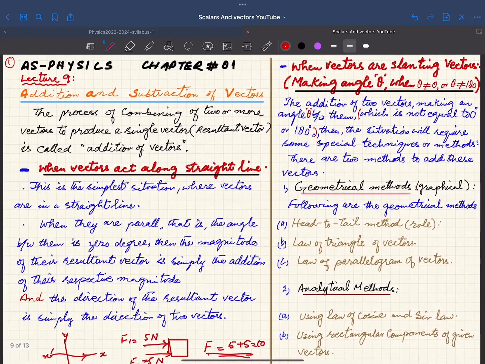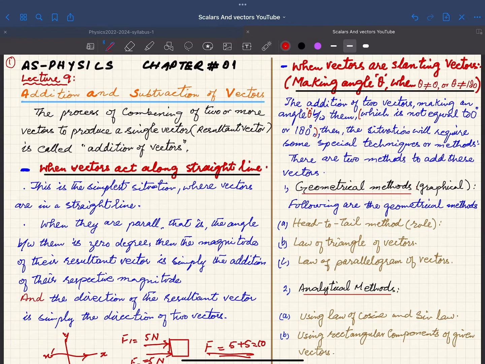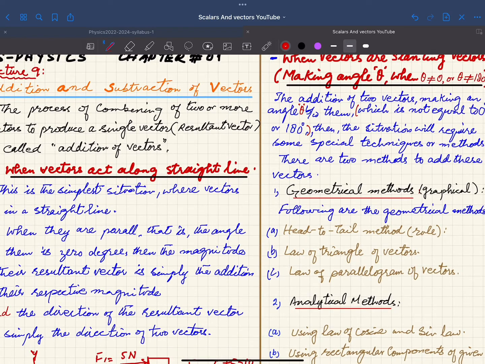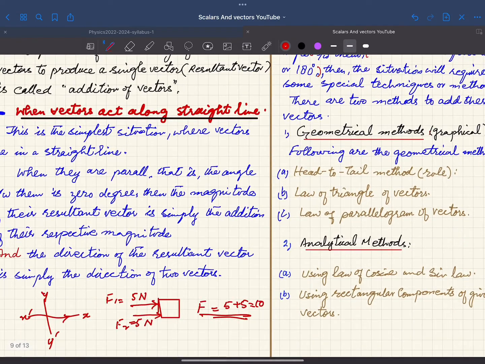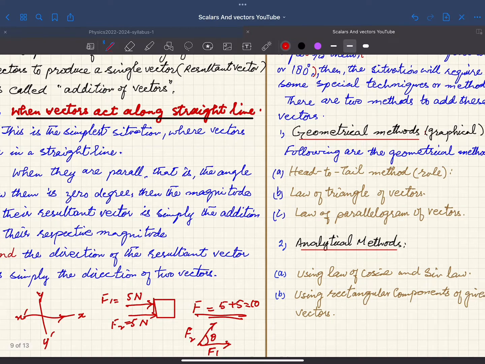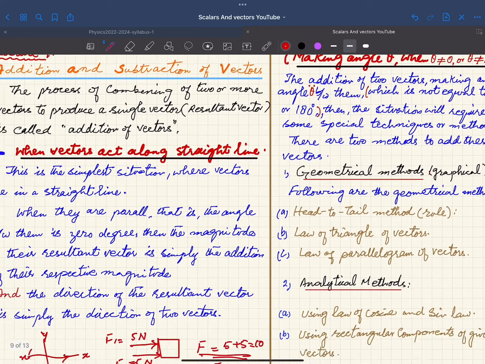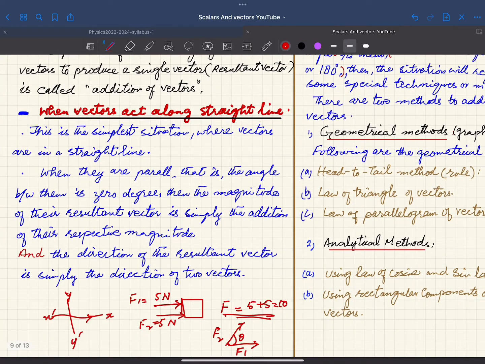On the other hand, if you have two slanting vectors, you can think of it this way: the vectors make an angle, one vector is somewhere here, another vector is somewhere here. This is F1, this is F2, and they make an angle theta, which is not equal to 0 or 180 degrees. In the earlier condition, the two vectors made an angle theta equal to 0.